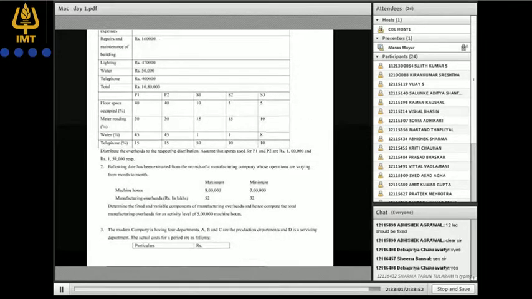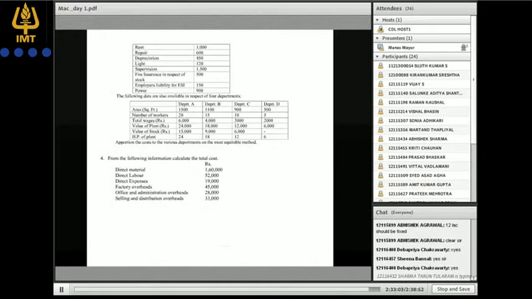Now we'll move to the last question. This last question is on the basis of a cost sheet. I have shown you one cost sheet. Here you are given some information: direct material, direct labor, direct expenses, factory overheads, office and administration overheads, and selling and distribution overhead.